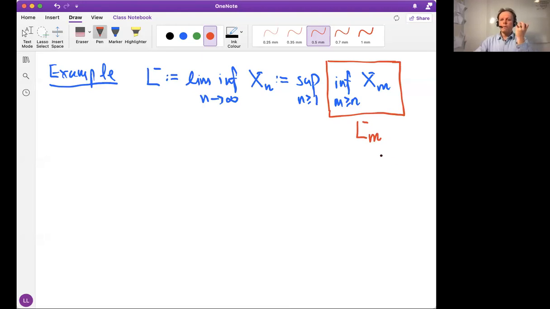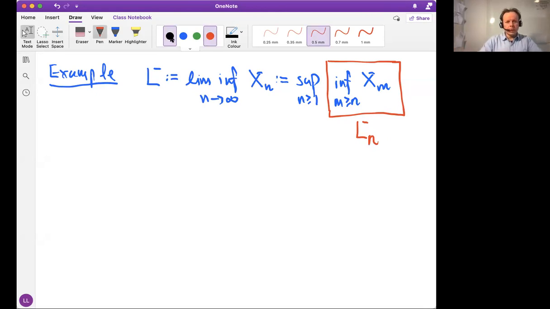So it's kind of a lower bound of this sequence. Wait, there's something wrong. This cannot be m, this should be n, of course. Yes, it's L minus n. So this L minus n is the lower bound of the sequence from n onwards.